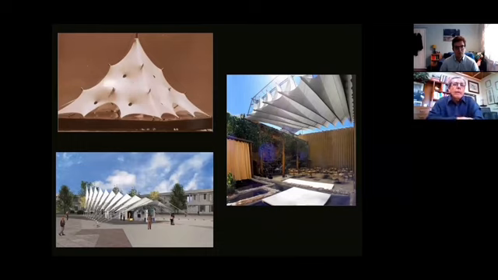Down, you can see an exhibition hall in Coyoacán in Mexico City. And on the right side, a restaurant with a foldable structure. As I said before, the two on the left side were won by students in international contests, and the right one also was built by a former student. It's a foldable membrane structure which is still working.